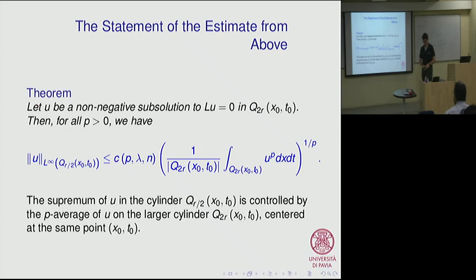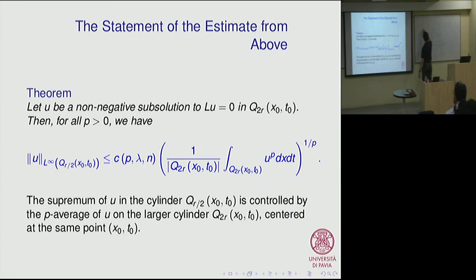So here's the statement. What I sketched there, now here it is precise. I take the sup of u in the cylinder, which is centered at x naught, t naught, with the radius r over 2. Let me make this more precise. So I pick a point which is x naught, t naught, and I am considering this set.